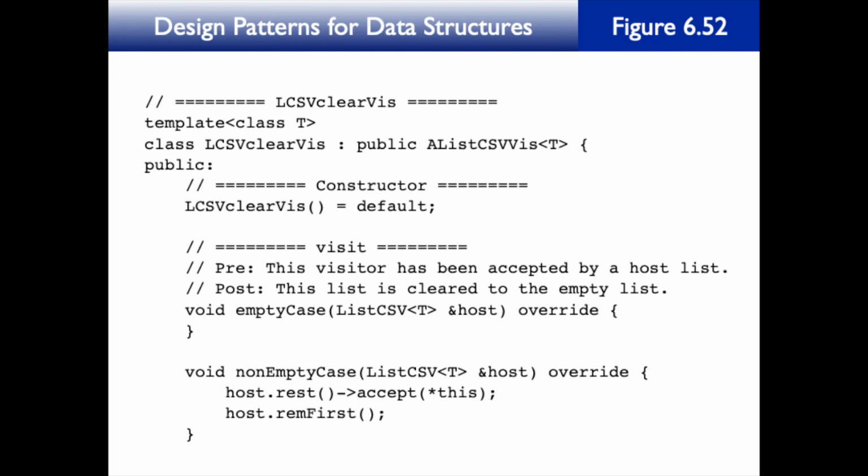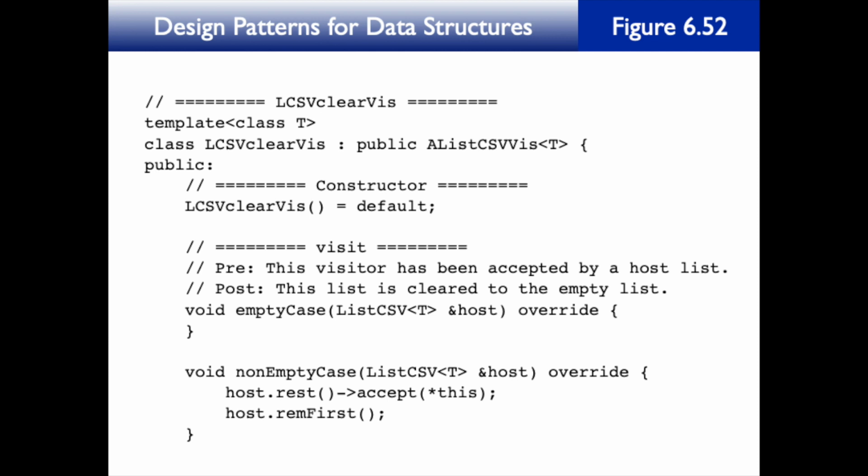For the list CS version, the first thing we did was we recursively cleared the underscore rest of the list. Now, instead of doing that directly, the clear is done with a visitor. So in place of that code, we have host.rest, which corresponds to the rest of the non-empty node in the list CS case.